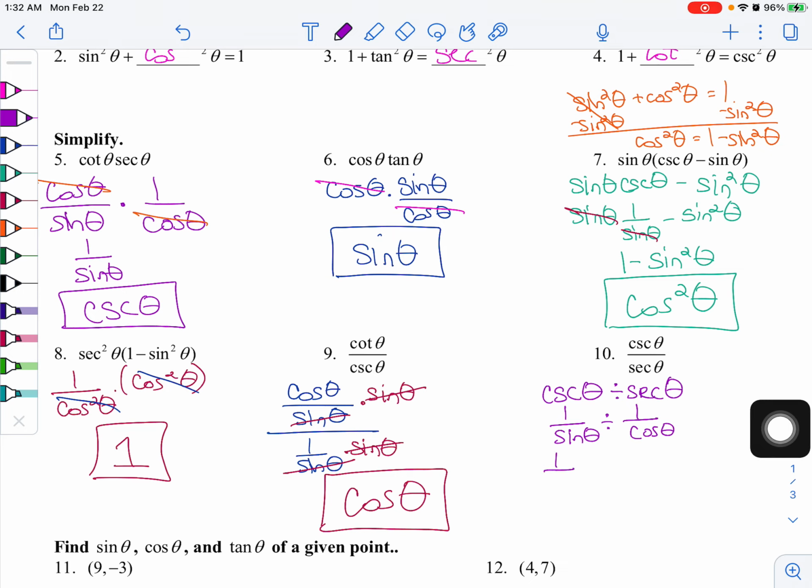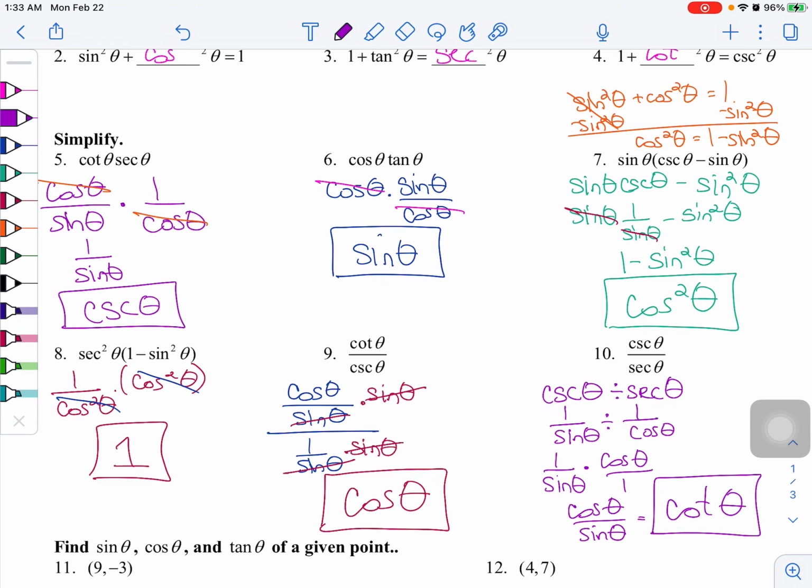Now, if you remember how to divide fractions, you don't actually divide fractions. You multiply by the reciprocal. So 1 over sine theta times cosine theta over 1, multiply straight across. This is going to become cosine theta over sine theta, which can be reduced to a single ratio of just cotangent theta.